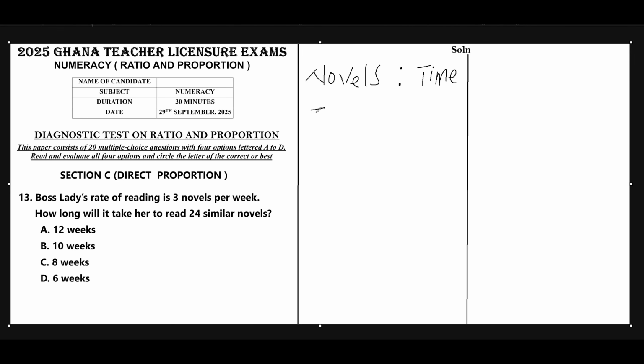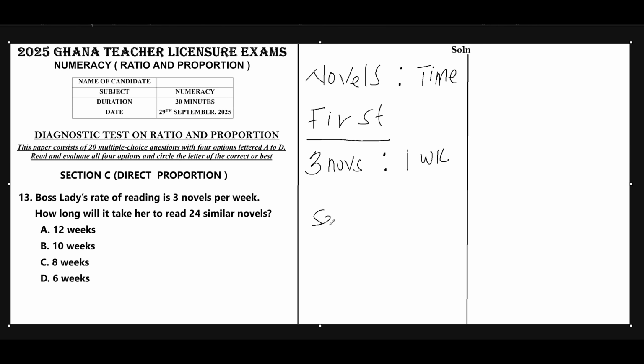So let's look at the first instance. So the first instance, we have 3 novels. And the time is per week, that is 1 week. 3 novels in 1 week.